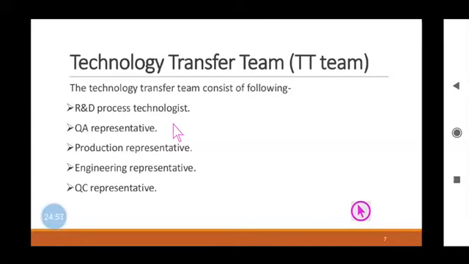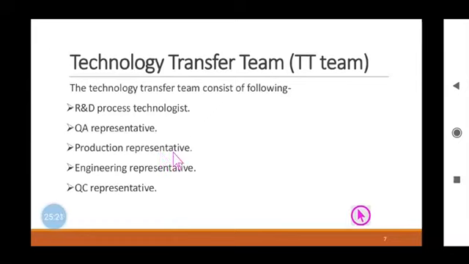The QA representative is responsible for carrying out successfully the validation, instrument equipment validation, the process validation, and so on. Moreover, the process parameters are required to be controlled, and for this purpose also the QA representatives are needed.